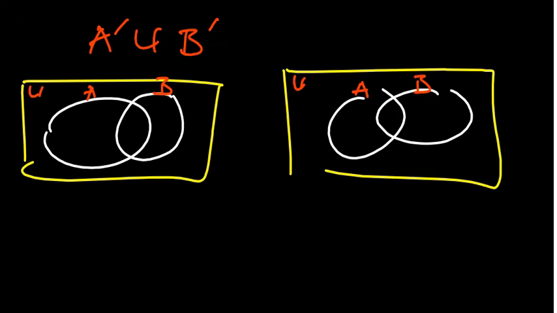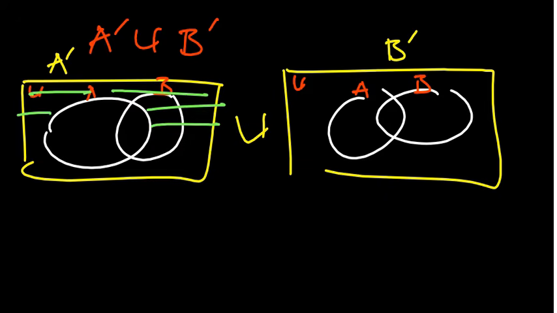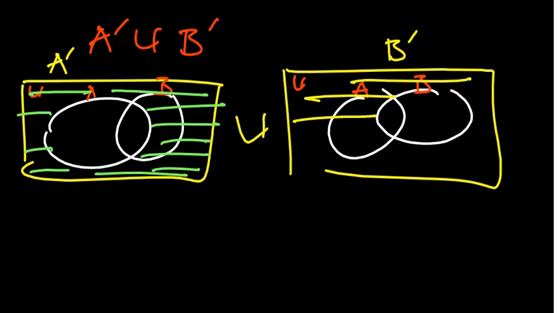So we'll take our left one to be A complement, the other one to be B complement, and then we'll put a union in between there. What does it mean? A complement means shade the region outside A. Everything outside A represents A complement. And then the other set, we are shading B complement. Everything outside B qualifies to be B complement.